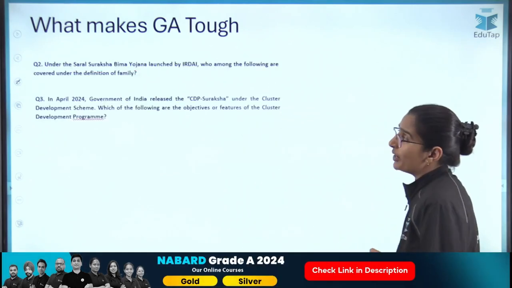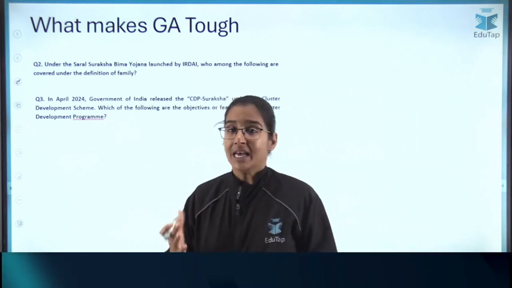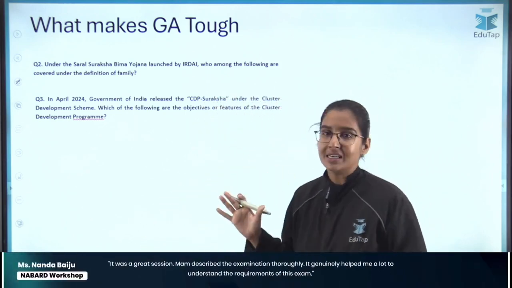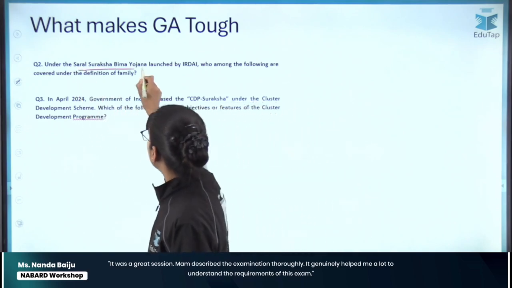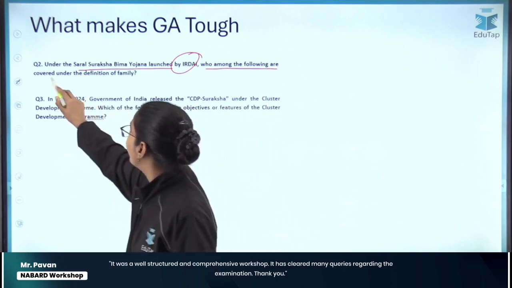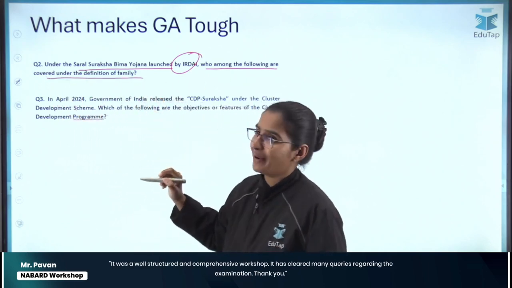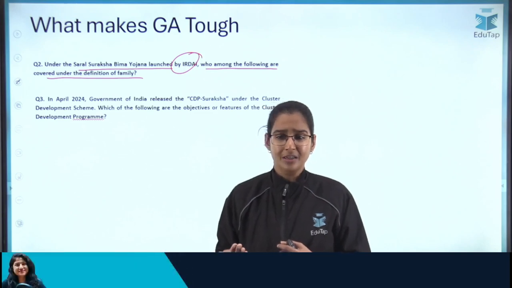Now, the next component from which questions are asked in the GA section is the schemes. Let us see the kind of questions which were asked under the scheme section. Under the Saral Suraksha Bima Yojana launched by EDI, who among the following are covered under the definition of family? Now, this is again not a very mainstream scheme.